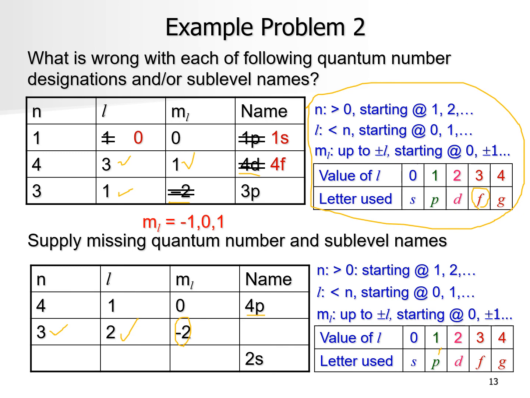Yes, because m sub l can be any value from -2 all the way up to +2, plus or minus l, so any whole number within that range. For the name, for the subshell, that's going to be 3, right? l equals 2, that would be d. So we call it 3d.